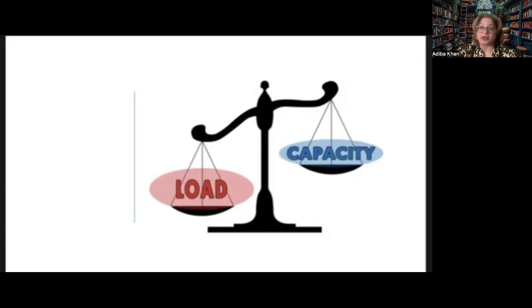Let's clarify it with an example. Say we've got a factory production line that has the capacity to produce 1,000 widgets per day, based on the number of machines and the workforce you have. Are we actually going to be able to produce 1,000 widgets per day? No, there can be some things that will mess it up. Load would be more representative.